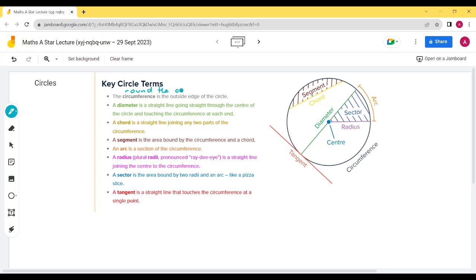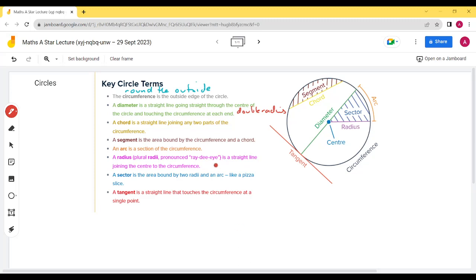It's like the perimeter of a circle. Then you've got the diameter, which is a line through the middle. The diameter is double the radius. So if you are given a diameter and you need the radius, you can halve it. Or if you're given the radius and you need the diameter, you can double it.